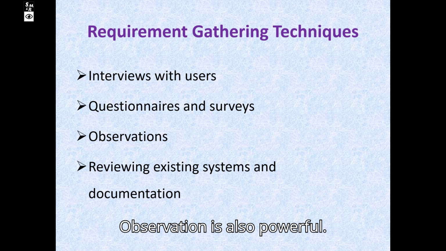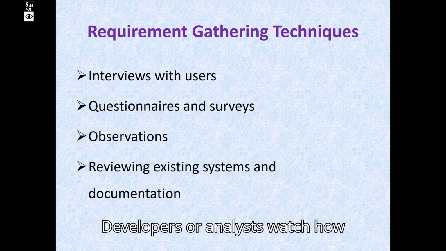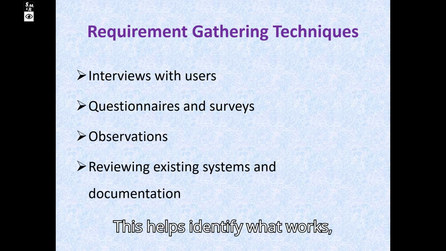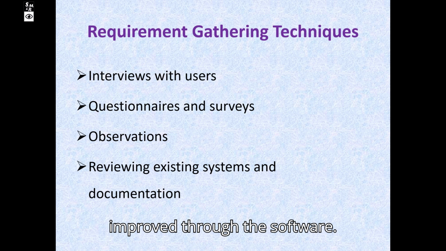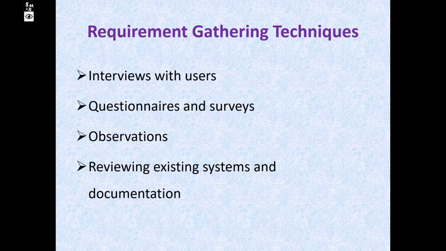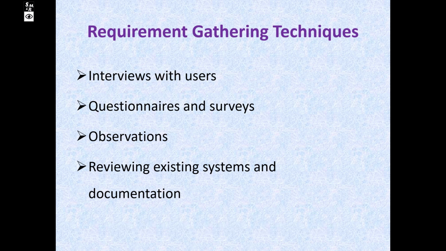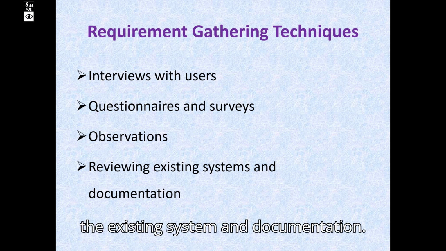Observation is also powerful. Developers or analysts watch how users currently perform the task. This helps identify what works, what doesn't, and what can be improved through the software. Additionally, teams often review the existing system and documentation.